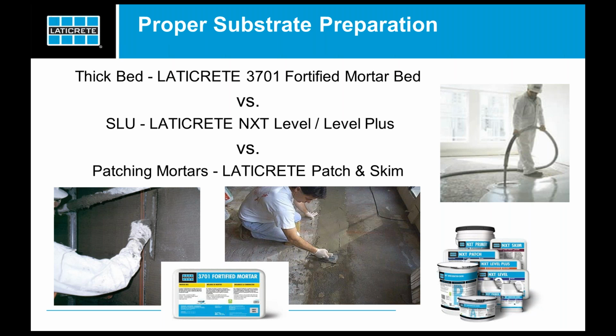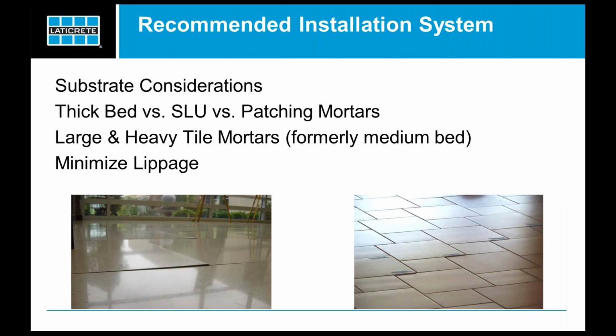If there's pitching and shaping required, maybe the mortar bed is the better way to go, because you can actually screed it by hand, you can level it and pitch it as necessary. So use the right type of product to prepare the substrate, again, to get it nice and smooth, to get it within tolerance in order to be able to receive these finishes.